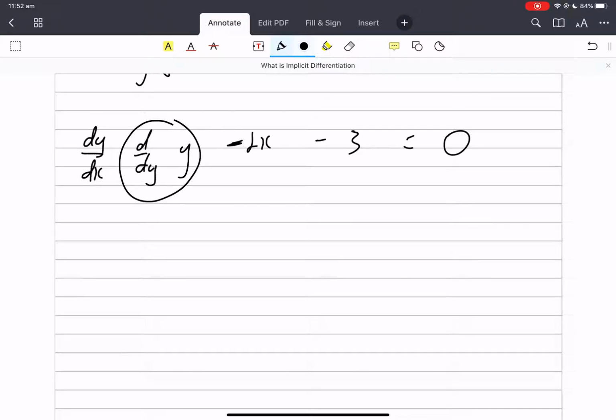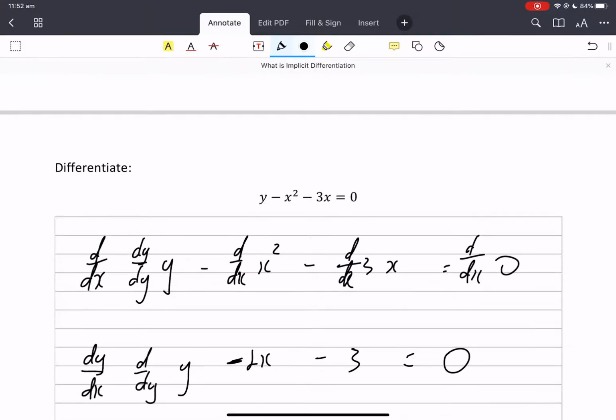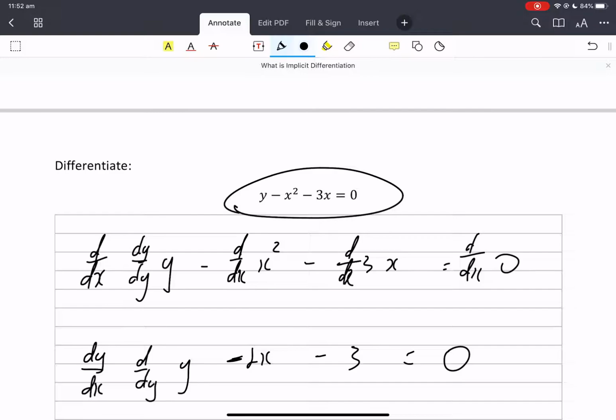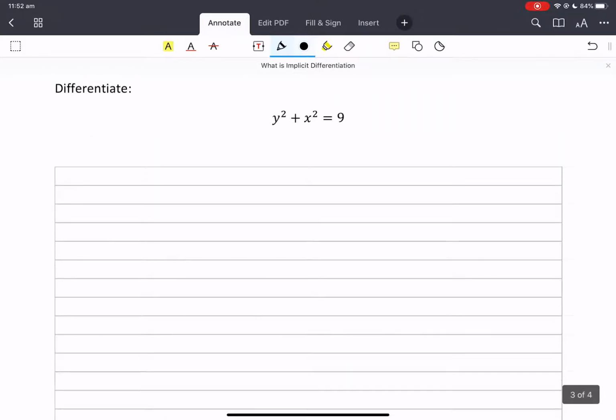The derivative with respect to y of y is going to be 1. So all we're left with is, and we can put everything to the other side, plus 3. So we can see we don't really need to get hung up on what the equation looks like. We're just differentiating with respect to x. Okay.